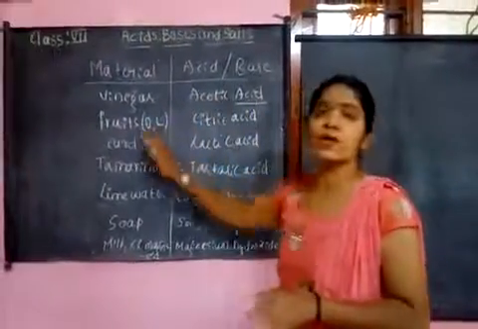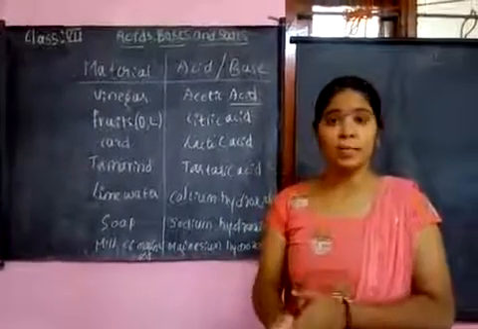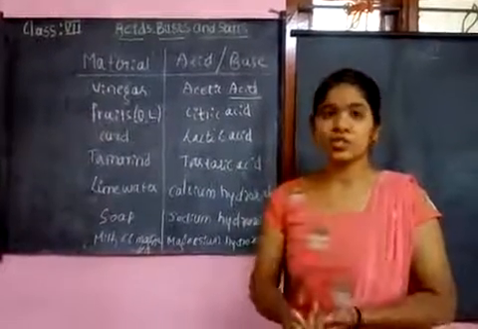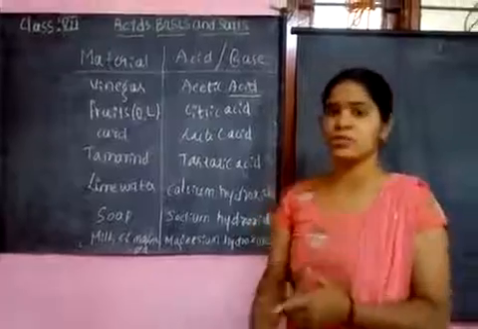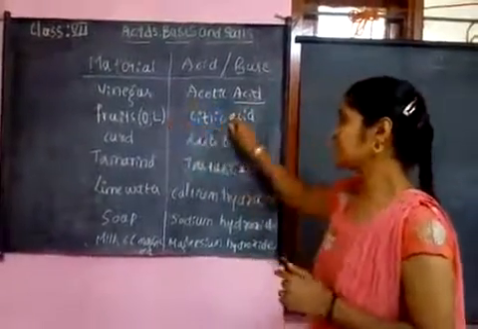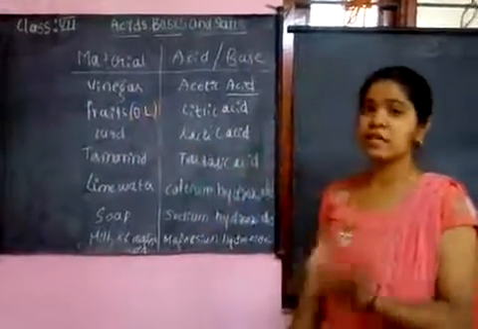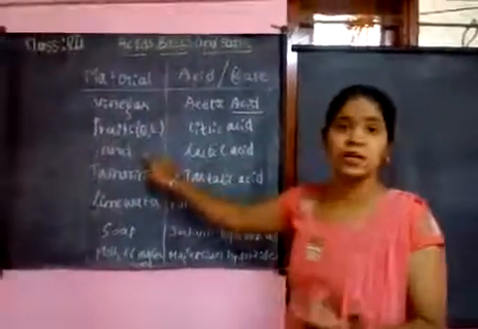The next one is fruits. Examples are orange and lemon. Orange and lemon are fruits which are sour in taste, hence they have citric acid in them. So orange and lemon are acidic in nature. The next one is curd.